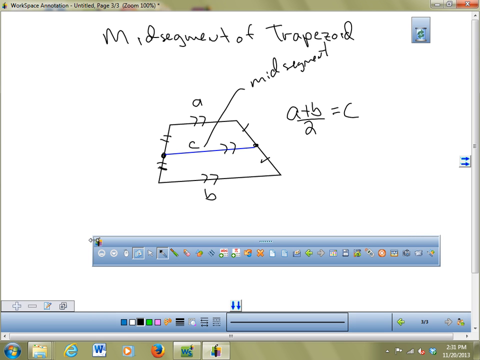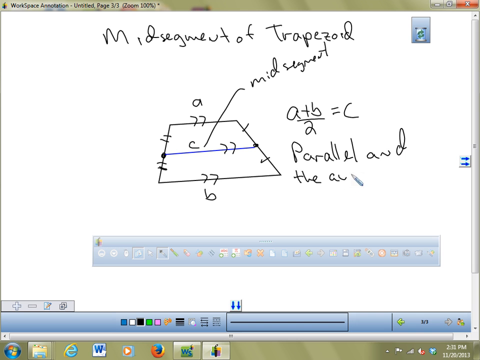There are ways to prove that geometrically. I don't think you have this one on your conjecture sheet yet. I think it should be C43, but it says a mid-segment of a trapezoid is parallel to the bases, and it's the average of the bases.